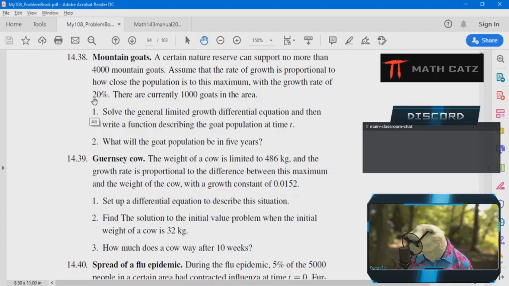So 0.2 for our growth constant. And we have a starting number of goats, our initial population size. So now you see the wording is a little different. There is a proportionality concept, but the growth rate isn't proportional to how many there are in my population. It's proportional to how close the population is to this maximum.